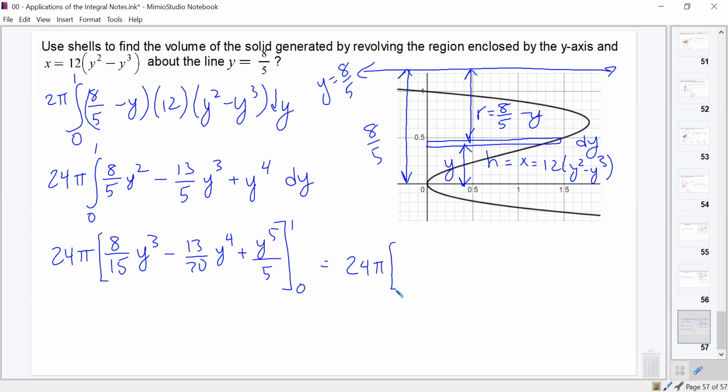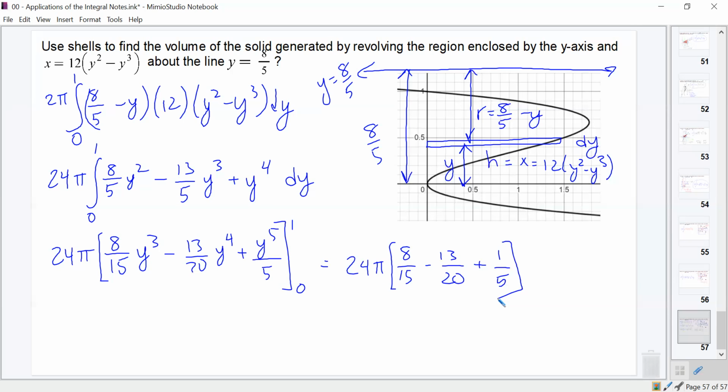And if we evaluate each of those at 1, we'll get 8/15 minus 13/20 plus 1/5. A good common denominator there would be 60, right?